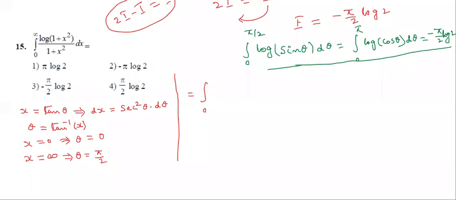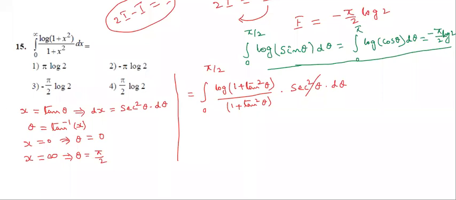Integration 0 to pi by 2 logarithm of 1 plus tan square theta divided by 1 plus tan square theta, into dx, that means secant square theta d theta.